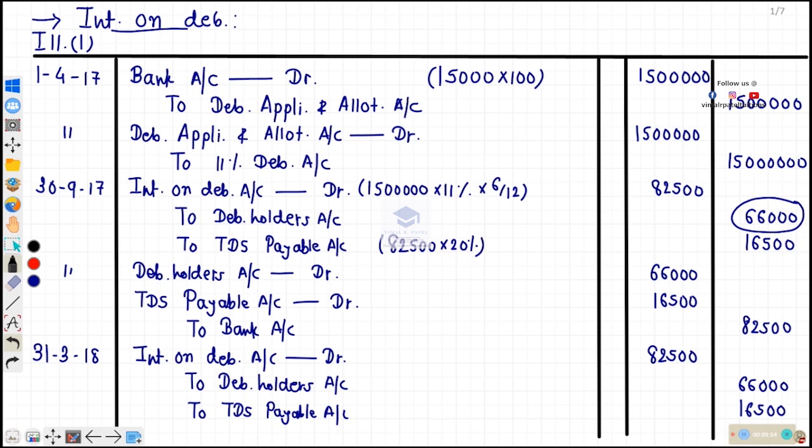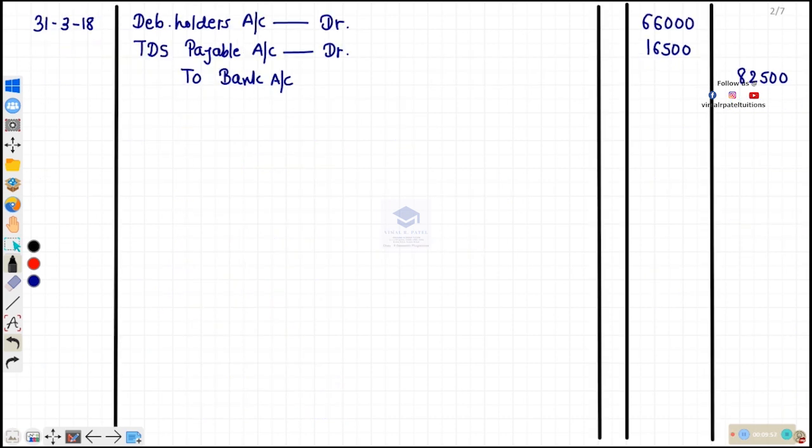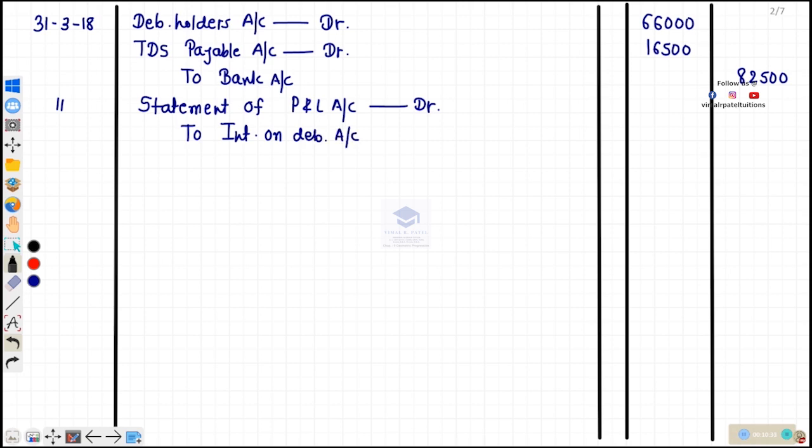At the end of the year, the amount of interest which is an expense for the business will be charged to profit and loss account. So the entry will be statement of profit and loss account to interest on debenture.